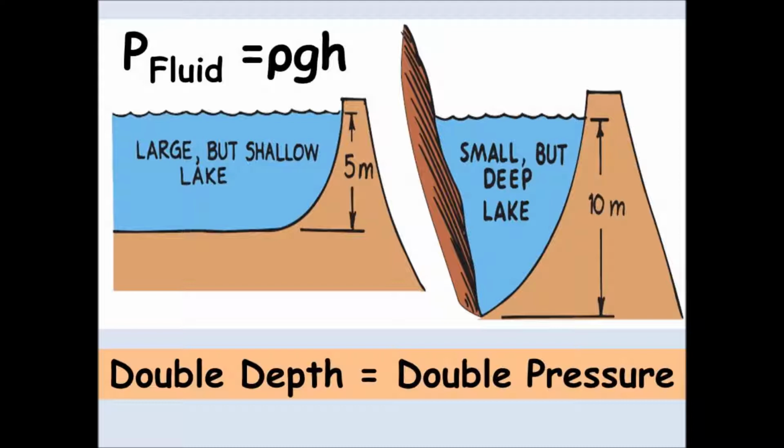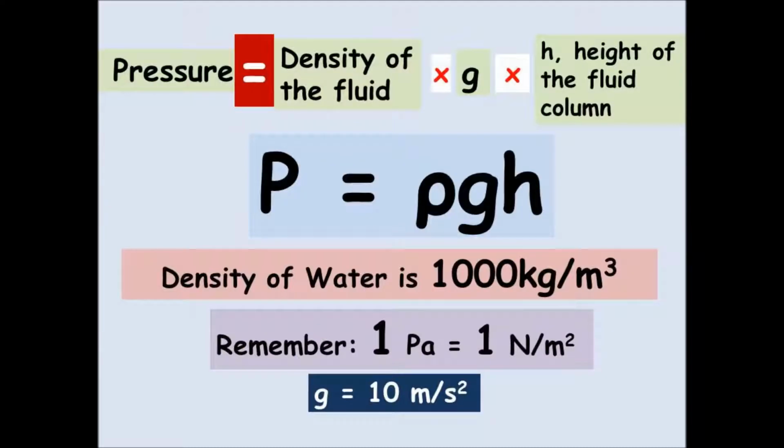So I suppose it's going to be similar to potential energy. We'll talk a little bit about that as we go through here, but it's just simply based on the nature of the material and the height of the column, and of course the acceleration due to gravity. You double the depth, you double the pressure. I think that's really what we want to get across here.